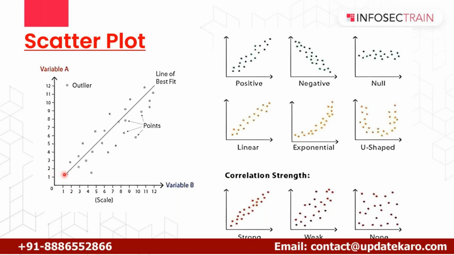But for this outlier data point, the x coordinate value is, let's say, 1.5, but for the y coordinate the value is around 12, which means that this data point is an outlier for this normal range data set. This is a common range, and this is nothing but the outlier value. That is how you can detect the outliers.